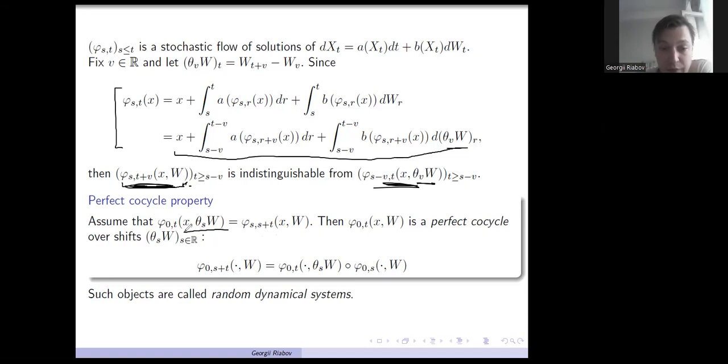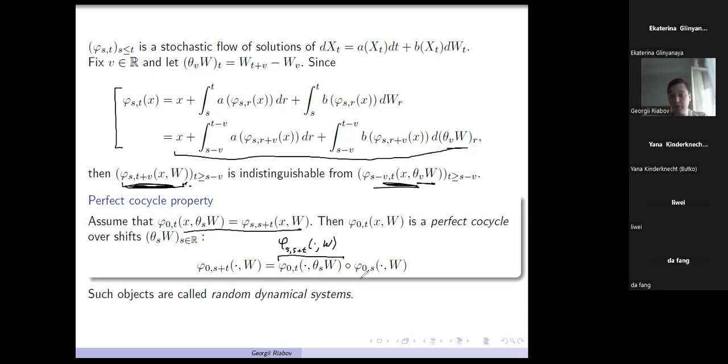So assume that we have this equality, then, simply because the mapping phi evaluated by shifted Brownian motion is phi_{s+t}, we get such equality that the mapping over the time s plus t evaluated by W equals the composition of the mapping from time 0 to s evaluated by W and the mapping from 0 to t but evaluated on the shifted trajectory of W.